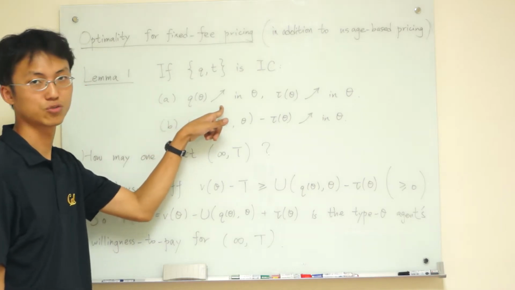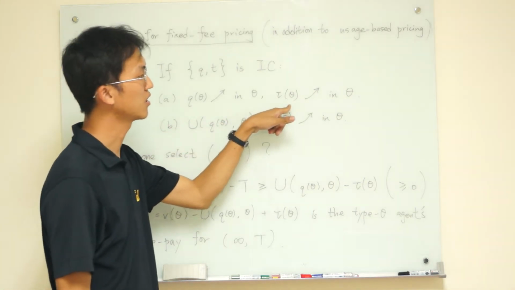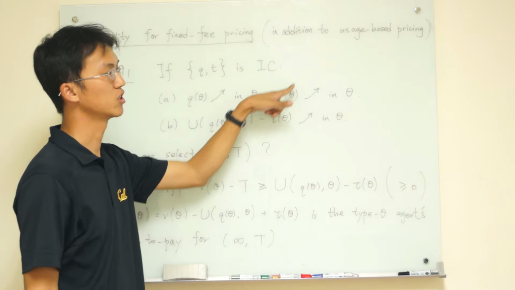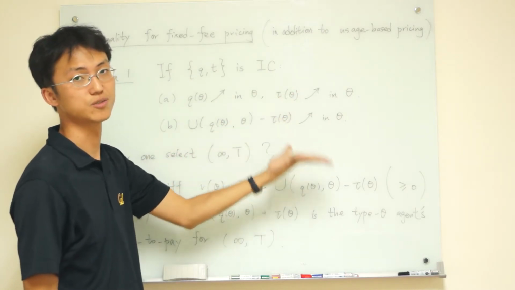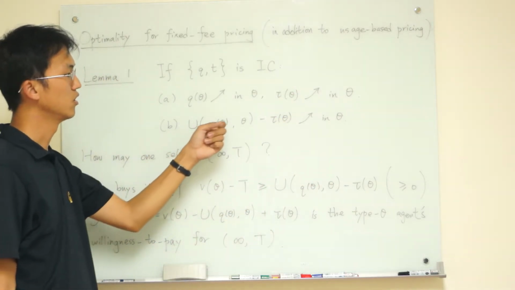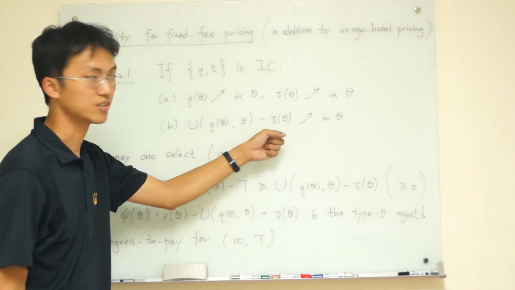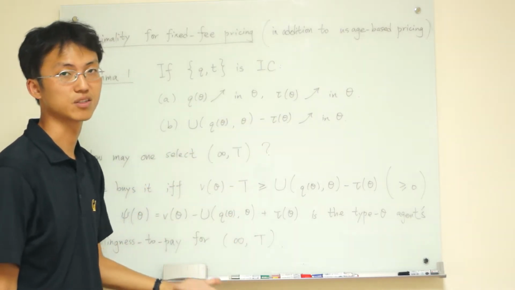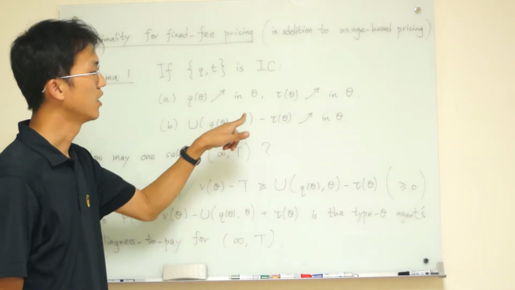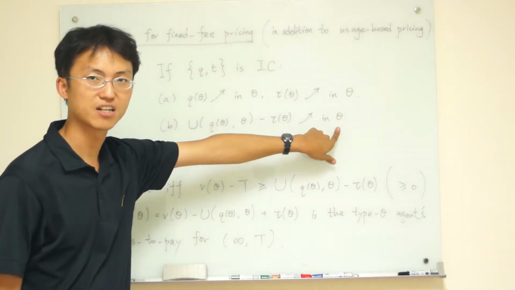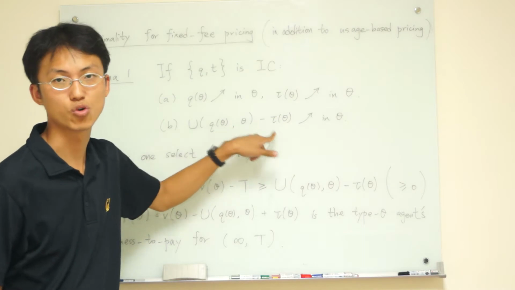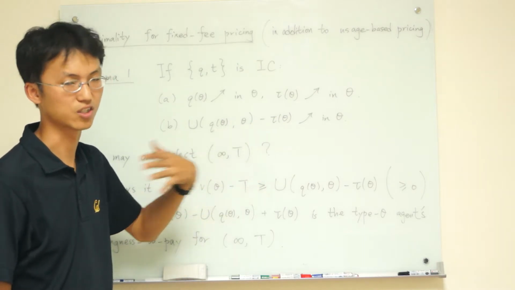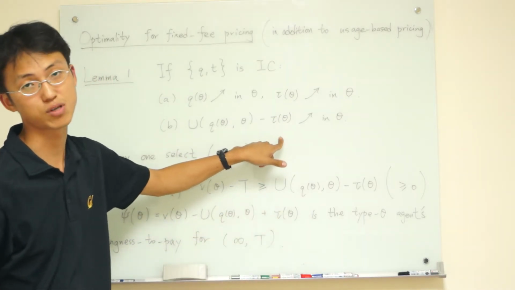First, monotonicity: when Q is larger, the transfer payment needs to also be larger. Also, this difference is the consumer's surplus for a type theta agent. When you have a higher type, you are going to earn more. Some kind of increasing information rent property.